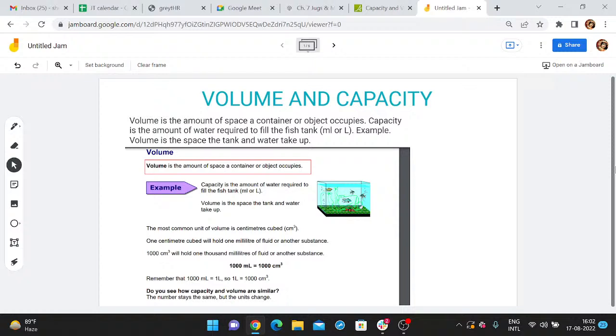And capacity, whereas, is the amount of water required to fill the fish tank, in milliliters or liters. So it is the maximum volume, or basically the amount of something, a liquid, which a container can accommodate. How much capacity does this container have?